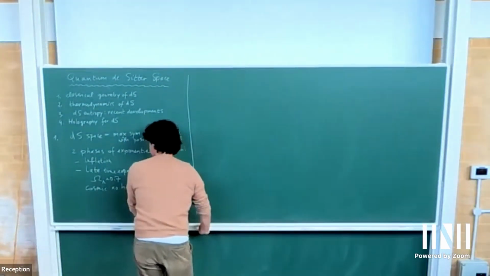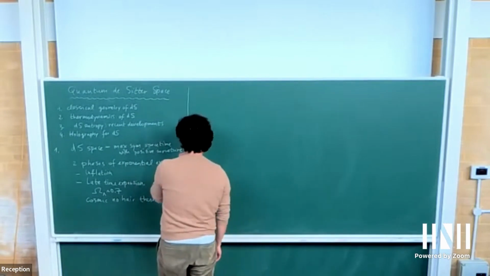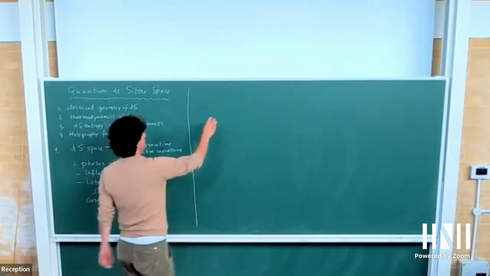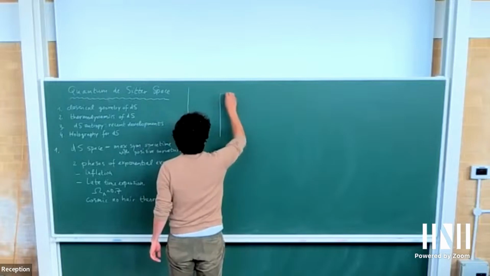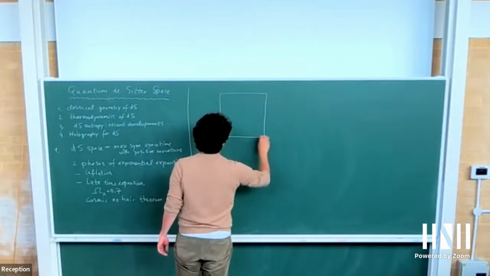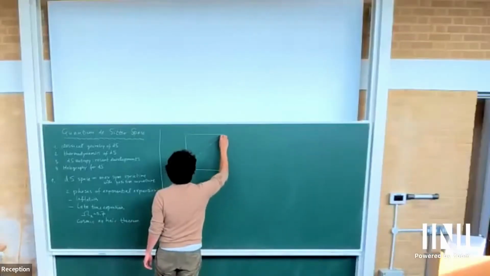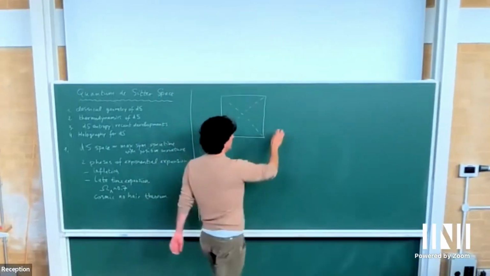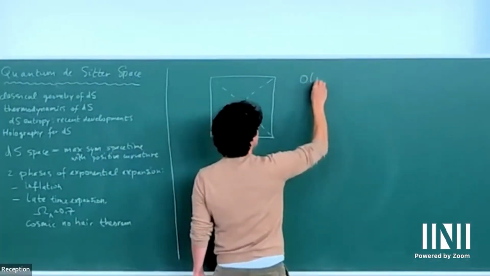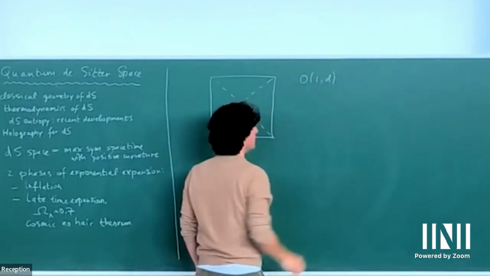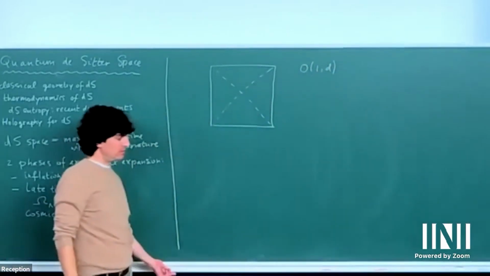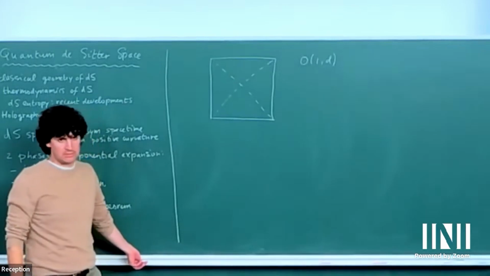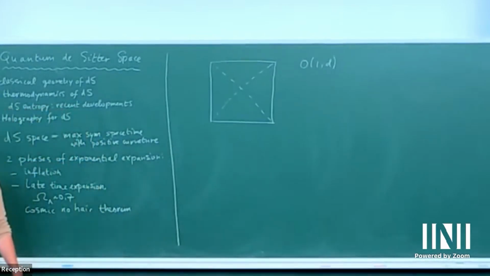Now, let me draw the Penrose diagram. And let me also say that the isometry group of de Sitter is SO(1,D), which is the Lorentz group in D+1 dimensions, and it's a non-compact group.